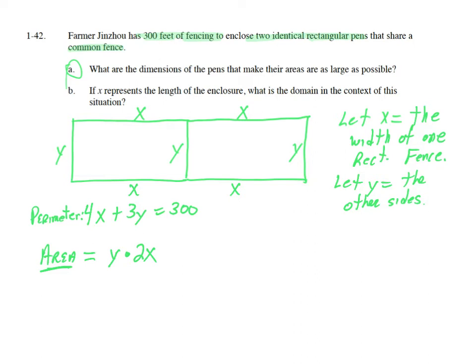Let's take the perimeter equation and let's get y by itself. So I'm going to subtract 4x from both sides. So that means 3y equals 300 minus 4x. Now I'm going to divide both sides by 3.